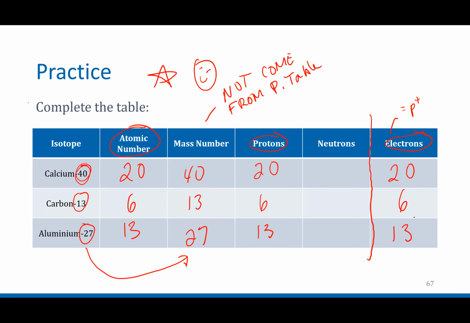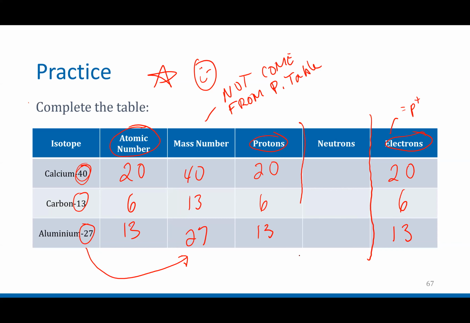It seems weird to write the same number all the time, but remember, the atomic number from the periodic table represents the number of protons in that atom. And remember, atoms or isotopes are neutral, so the protons and electrons are the same.